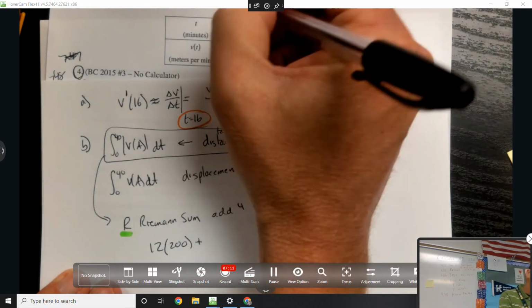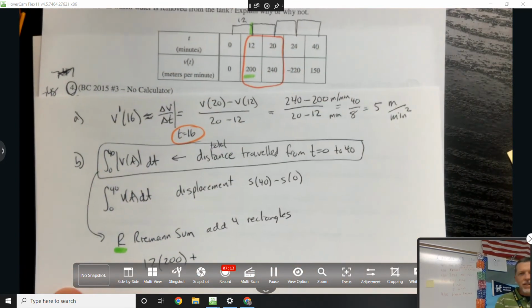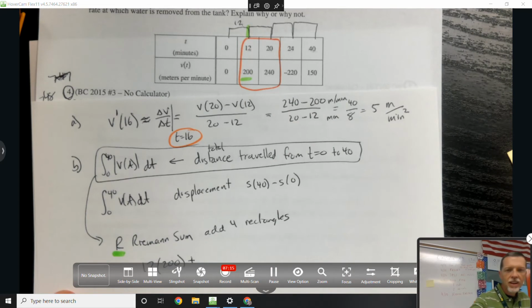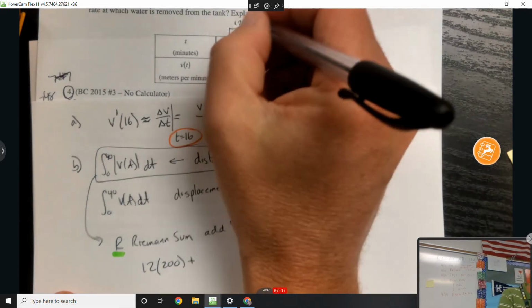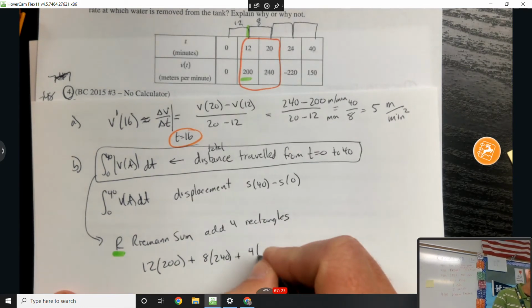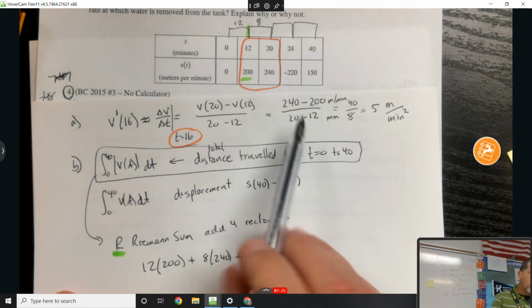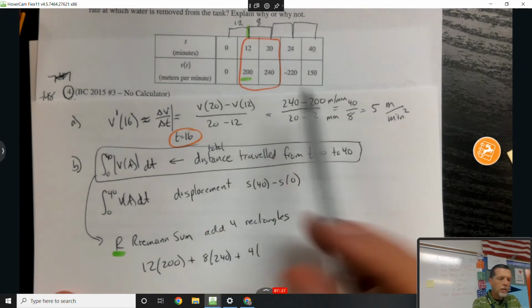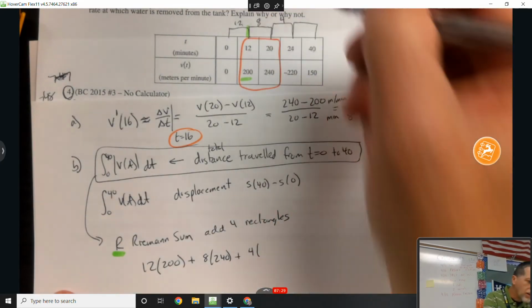Plus, how wide is the next rectangle? 8. And its height is 240, plus 4 times, what height should we use for this third rectangle?